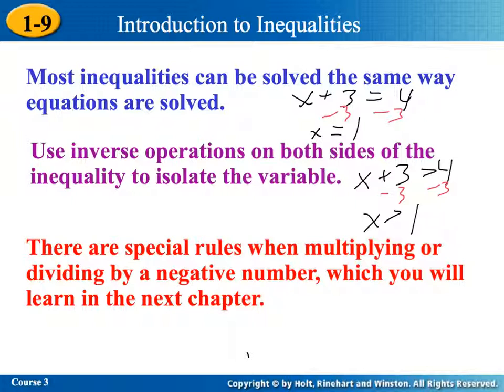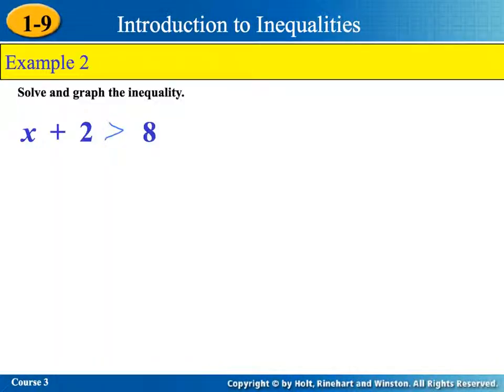Now the key is, we're going to learn this in the next chapter, but there are special rules when multiplying or dividing by a negative number. We're going to learn about that later on, but I want to show you very first on one-step inequalities. So we're going to solve and graph this inequality.